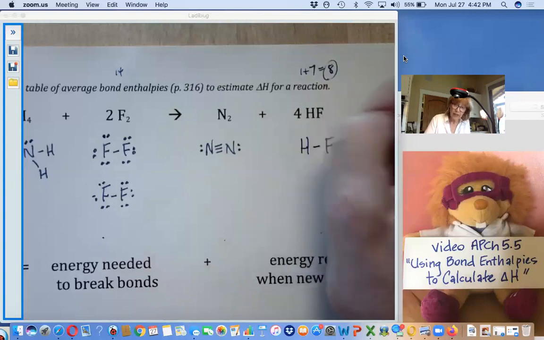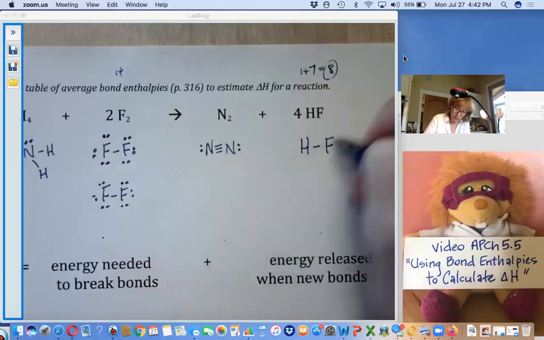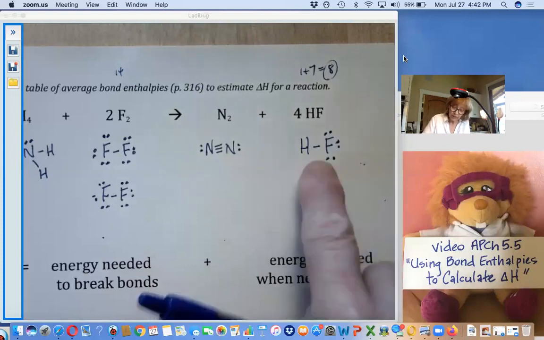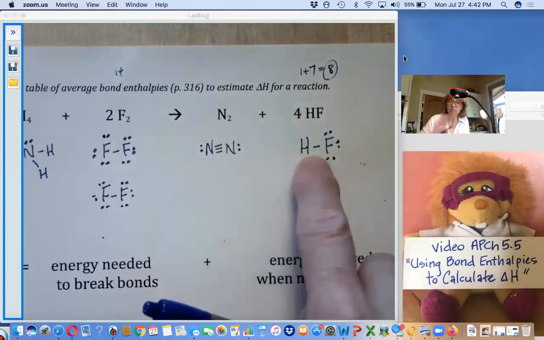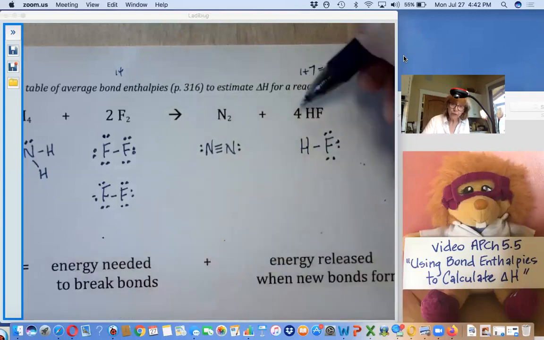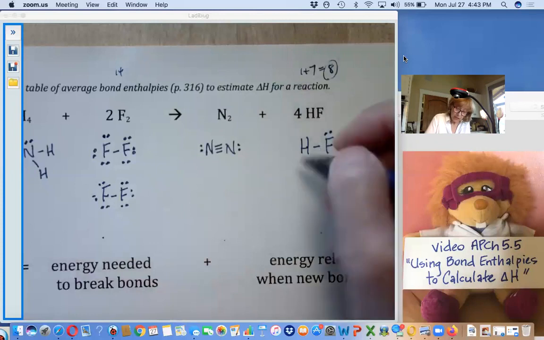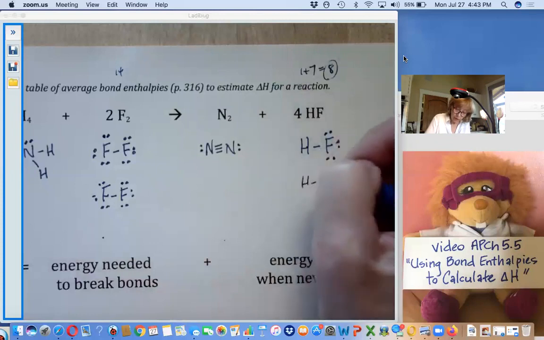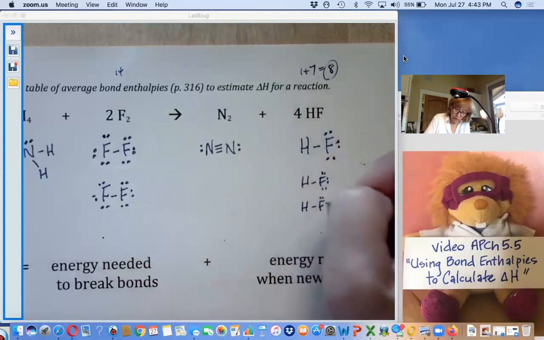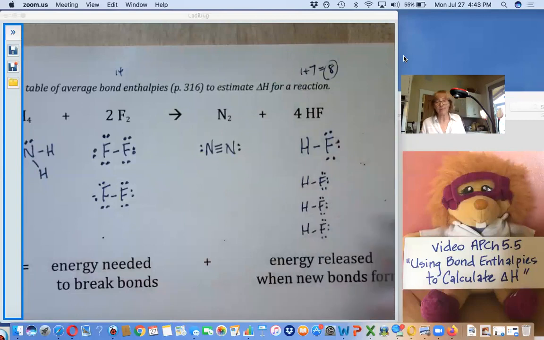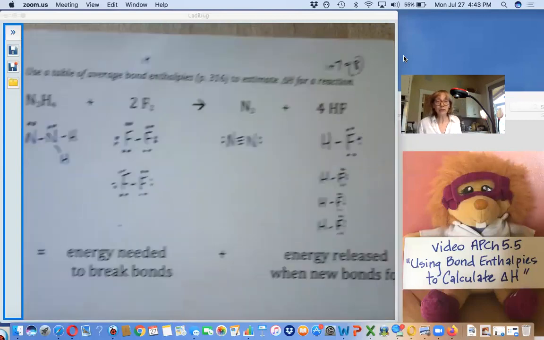H bonded to F, that's 1, 2, 3, 4, 5, 6, 7, 8. Notice that I never put lone pairs on hydrogen. Hydrogen gets 1 bond, that's it. Now this 4 tells me that there are 4 of these molecules. So I'm going to draw all 4 of them. All right, those are my Lewis structures.